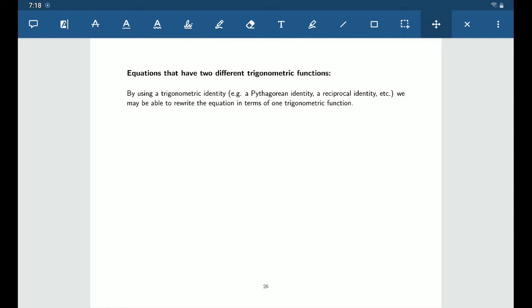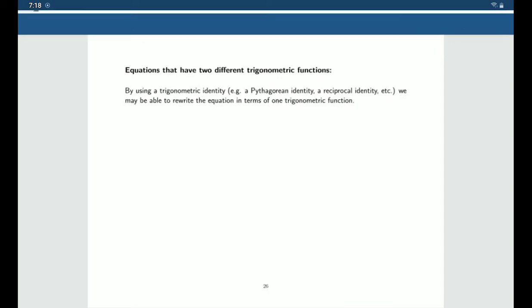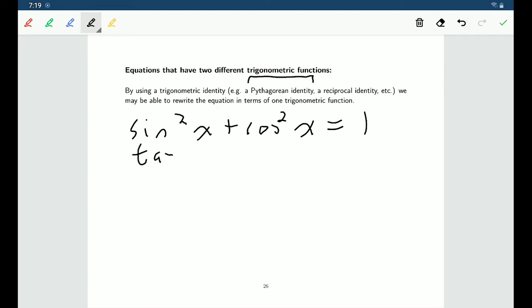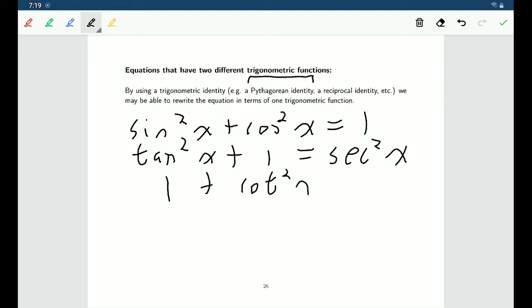So the idea here is using some sort of an identity, which includes the Pythagorean identities, and remember the Pythagorean identities, those are the ones where sine squared plus cosine squared was equal to 1, or tangent squared plus 1 equal to secant squared x, or 1 plus cotangent squared x equals cosecant squared x.